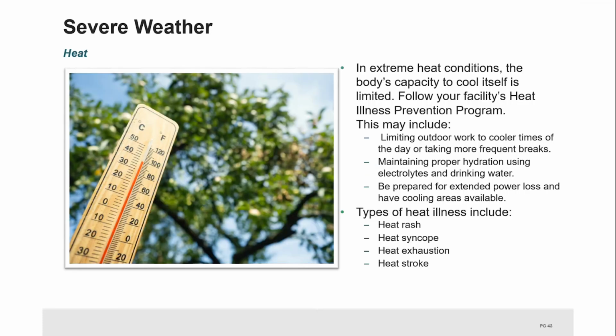Heat, excessive heat exposure, such as heat stress. This is a good emergency action plan on what to do if someone is injured by exposure to too much heat, having heat stress or heat stroke.